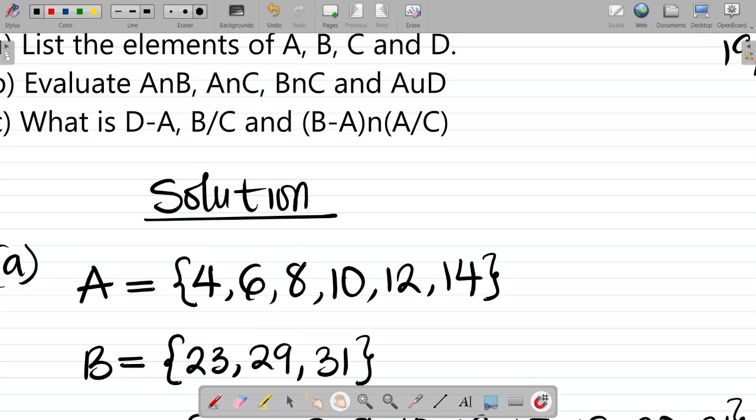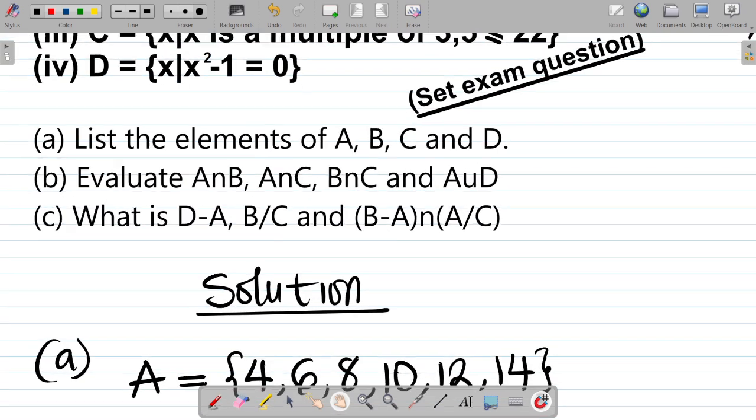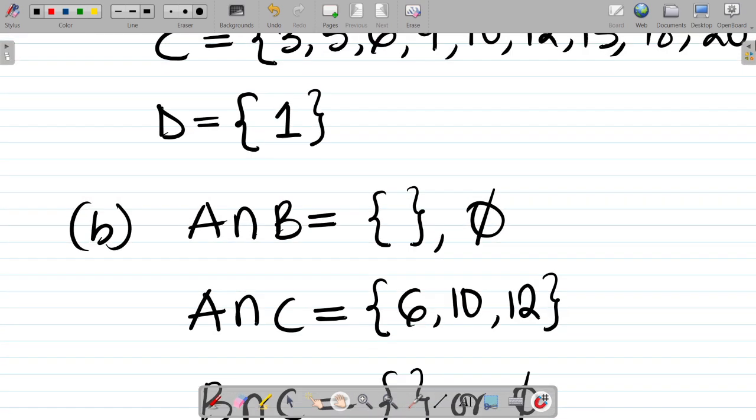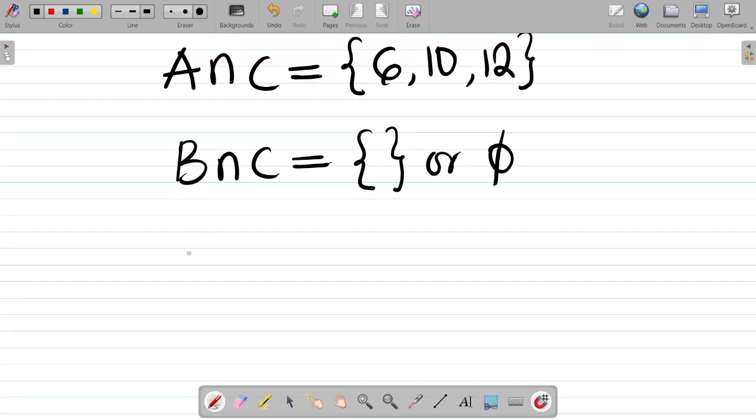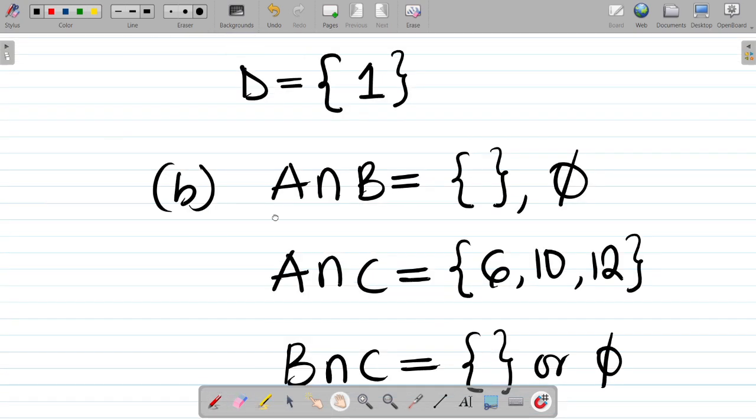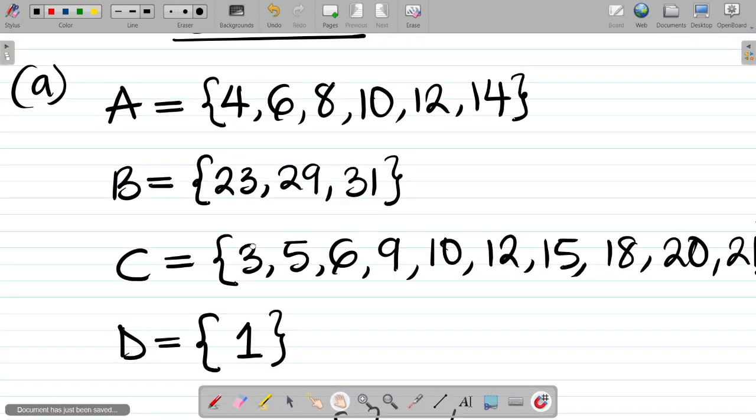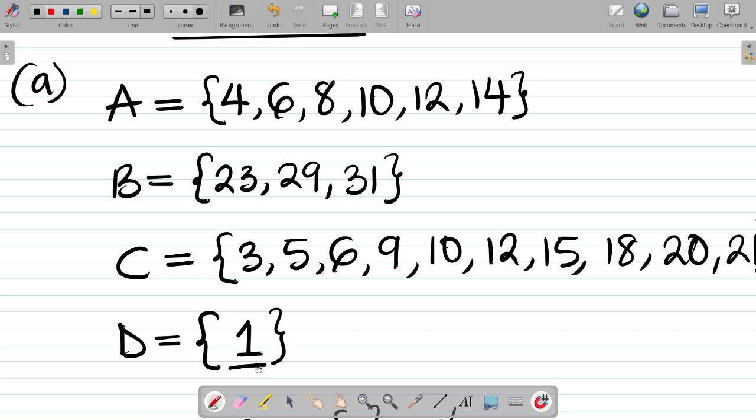What's the next thing we have there? Next thing is to find A union D. A union D simply means combine all the elements in A and D without repetition. If you look at this, for D, I have just 1.